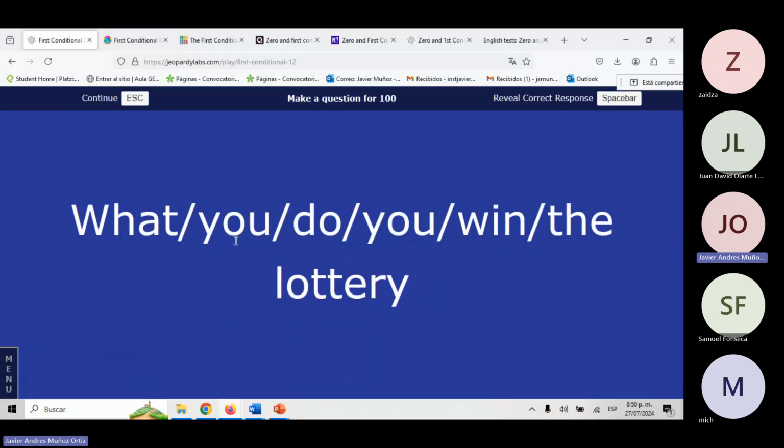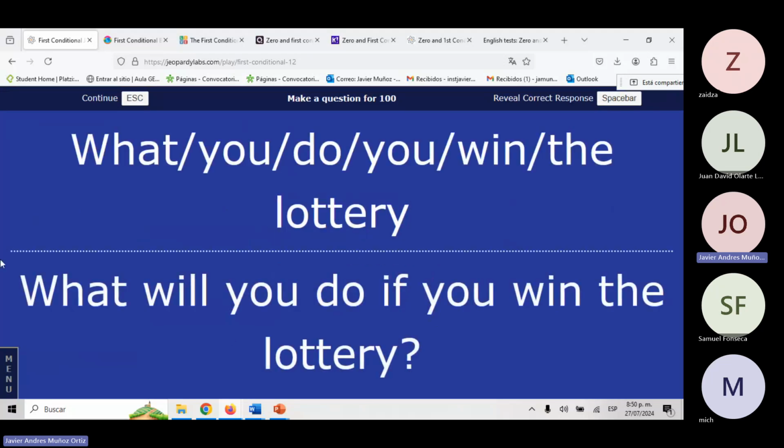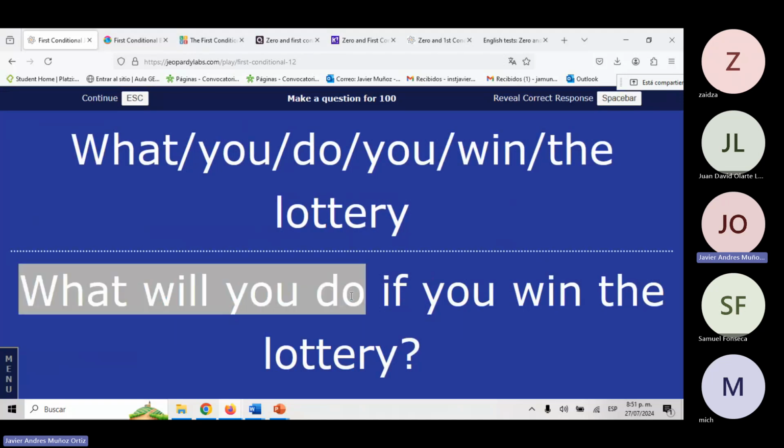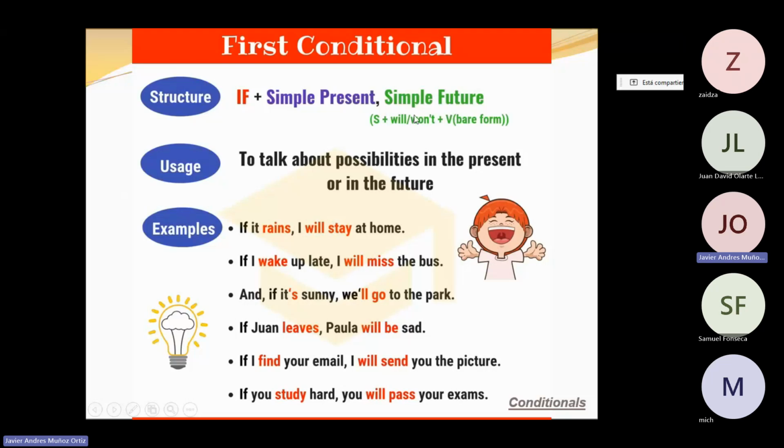Make a question. What do you do you win the lottery? In this case, I'm going to skip this part, but if you want to try it, you can say something like this: What will you do if you win the lottery? In this case, future tense in a question. This is the effect.